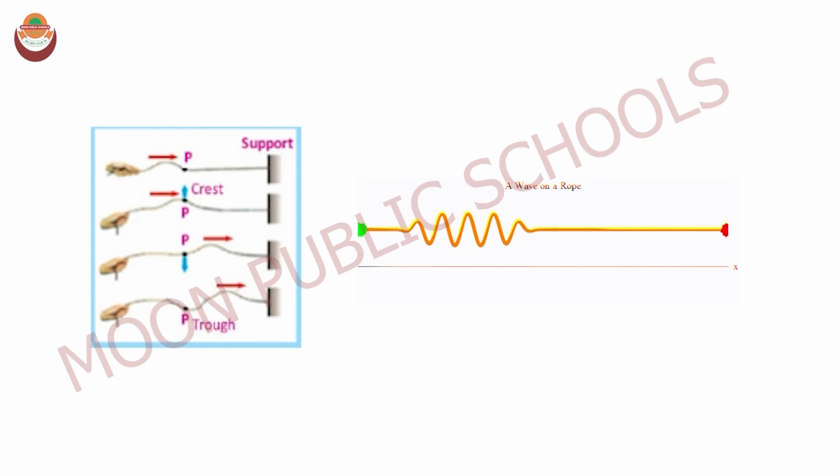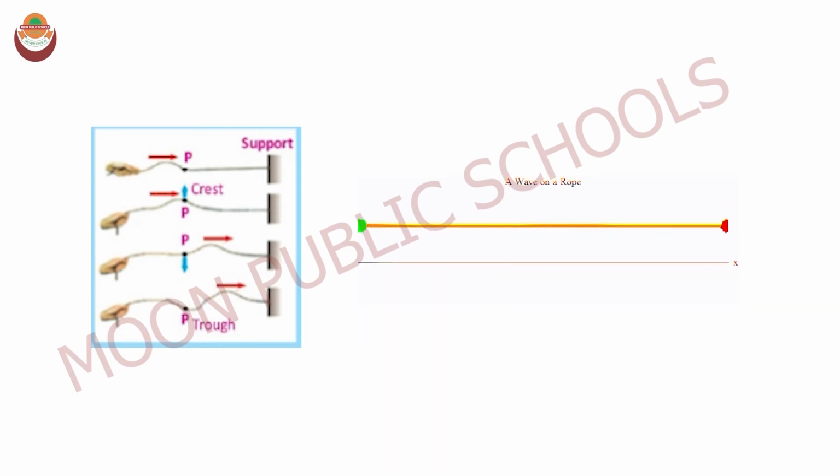One end of the rope is tied to a hook, a fixed point, and the other end is firmly held in our hand. Now apply a force on the rope. The rope starts waving in such a way that point P is still fixed, but the wave moves in the forward direction.